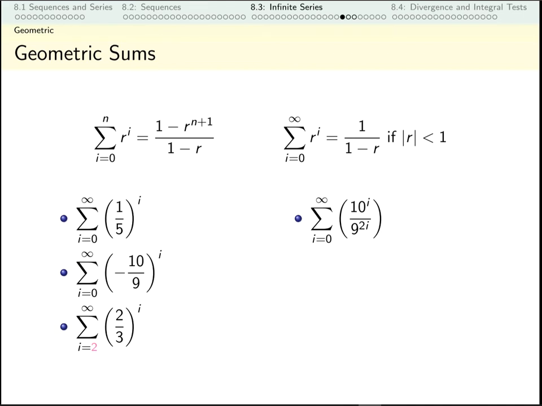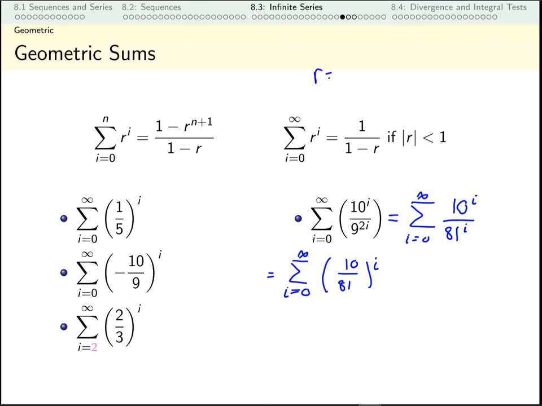Here's another example of a series that needs to be algebraically manipulated just a little bit before we get it into a form that's usable to us. 9 to the 2i is the same as 9 squared to the power i. And 10 to the i over 81 to the i is the same as 10 over 81 to the i.